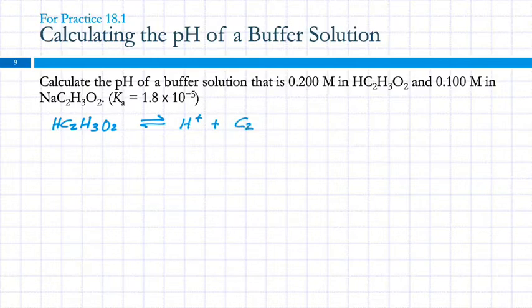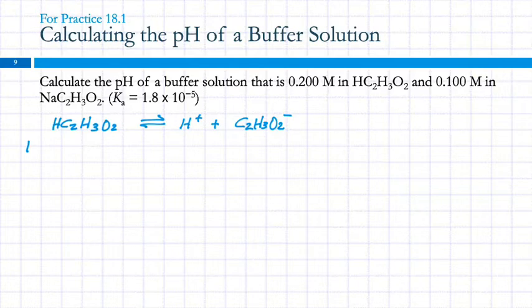So we're going to get acetate ion. So here's our acetic acid, and here's our acetate ion, the conjugate base. And we can make an ice table for this.